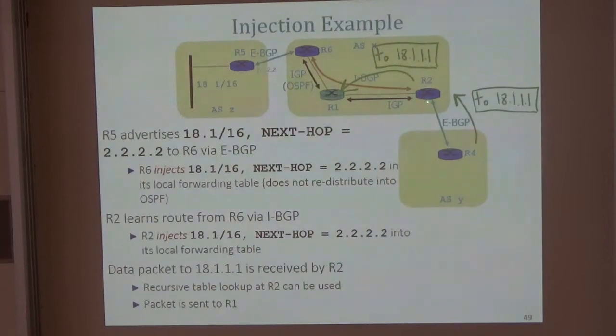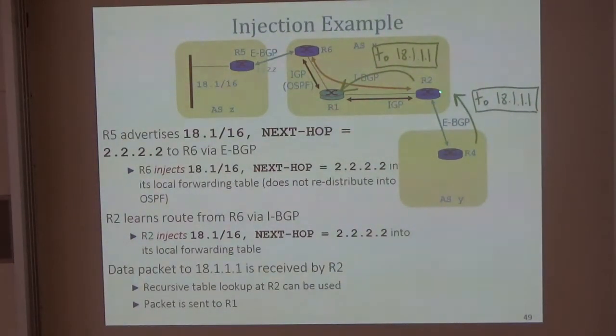R2 has learned from R6 this route here with destination 18.1/16 and next hop 2222. So injection means R2 will write this entry into the forwarding table.